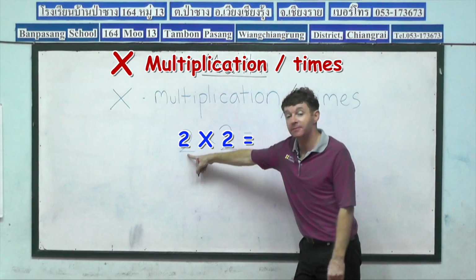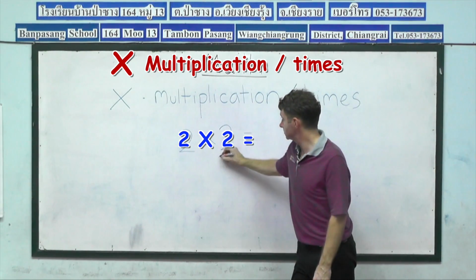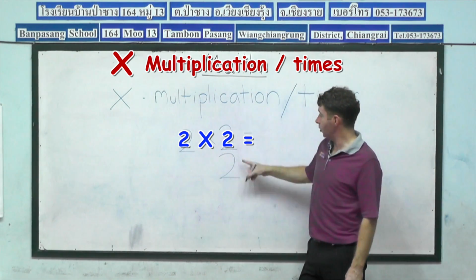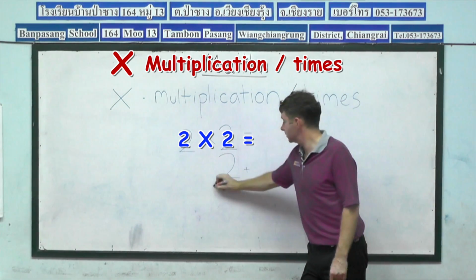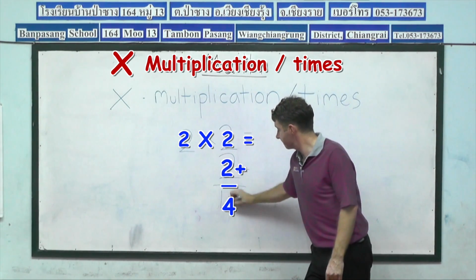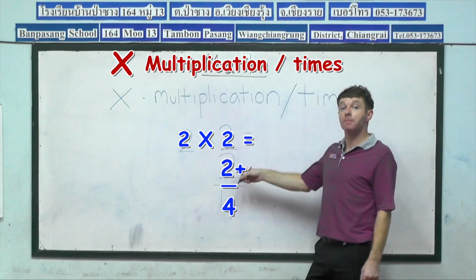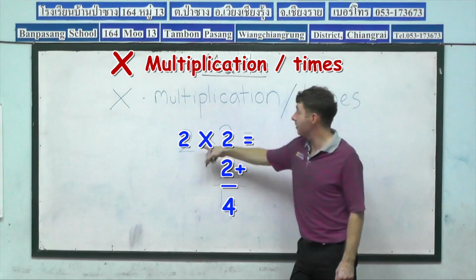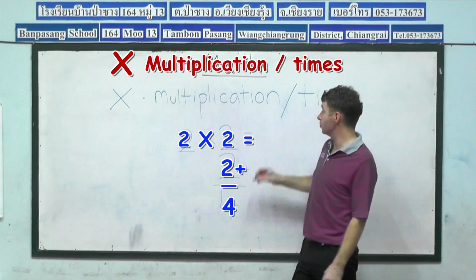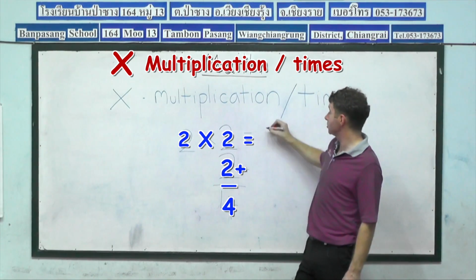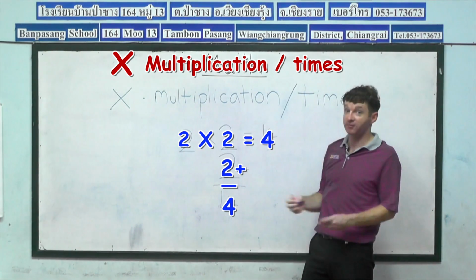So how many times, guys? So 2 plus 2, you see, we just times the number that we're multiplying by the number that we have to begin with. So 2 times 2, correct, equals 4.